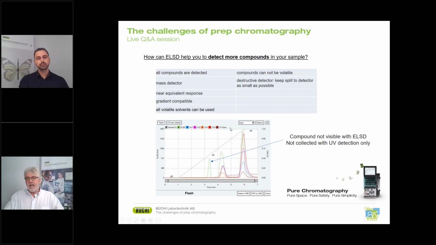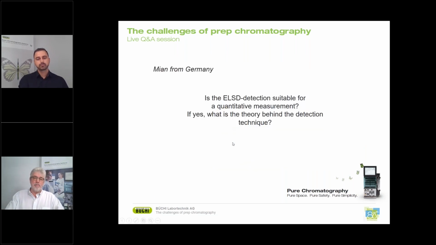Well, as I mentioned, the detector as such is giving a real picture of what is present in the sample, but unfortunately, the response factor for every compound is not exactly the same. So it is not possible to quantify compounds without calibration.